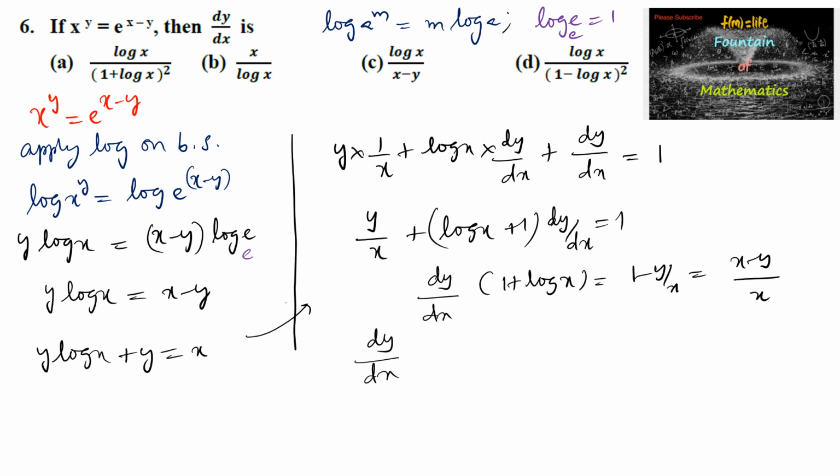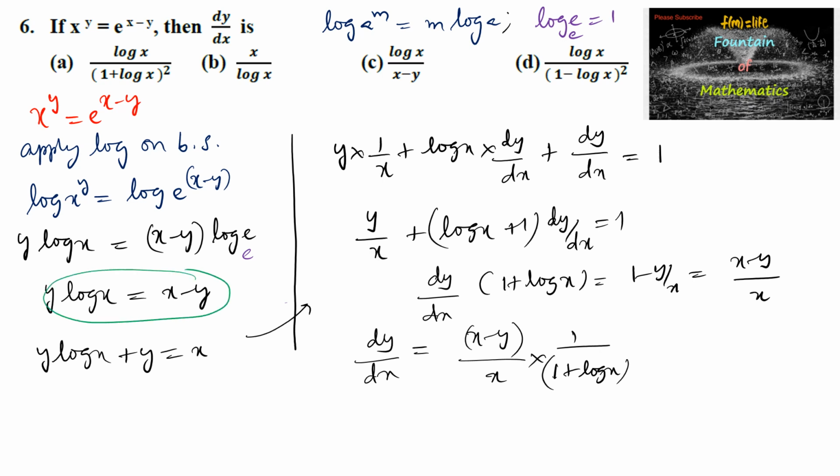So dy by dx is equal to x minus y upon x into 1 by 1 plus log x. And here we can write x minus y is equal to y log x. So here I can write dy by dx is equal to y log x divided by x into 1 plus log x.